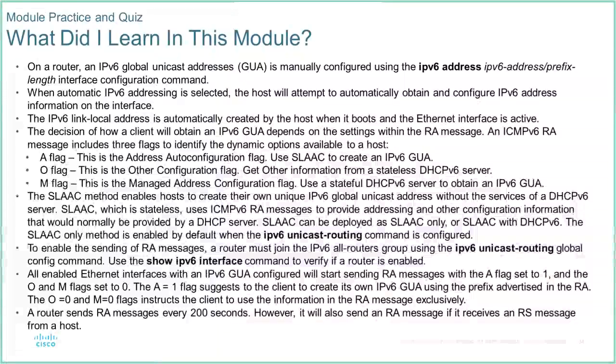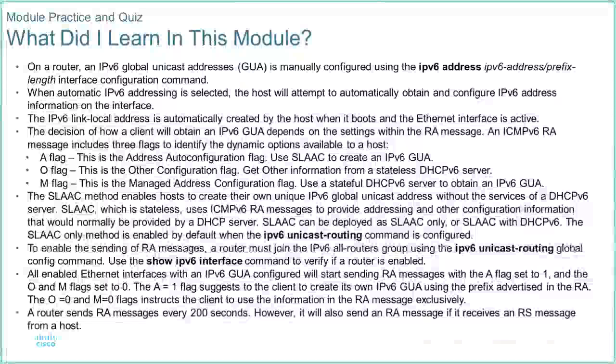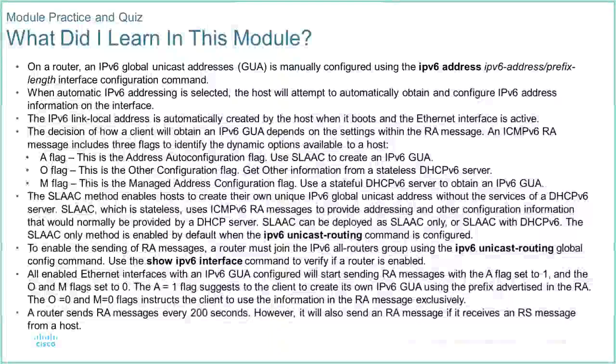All of them require IPv6 addressing to be turned on globally, and then depending on how we configure the flags, depends on which method, whether it's stateless or stateful, and which method under stateless we're going to use.